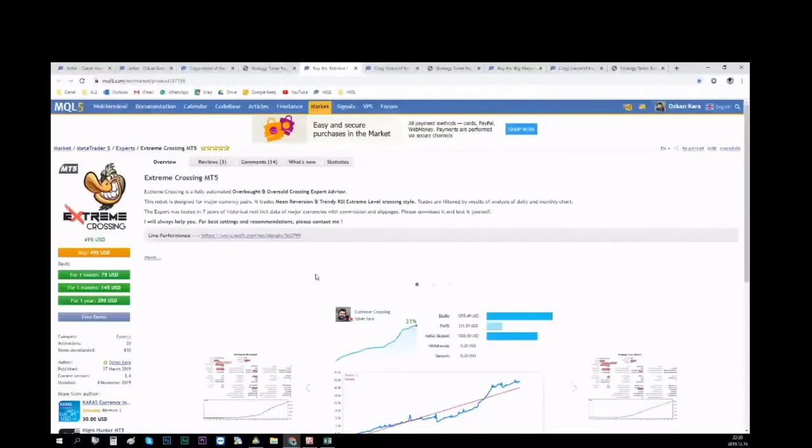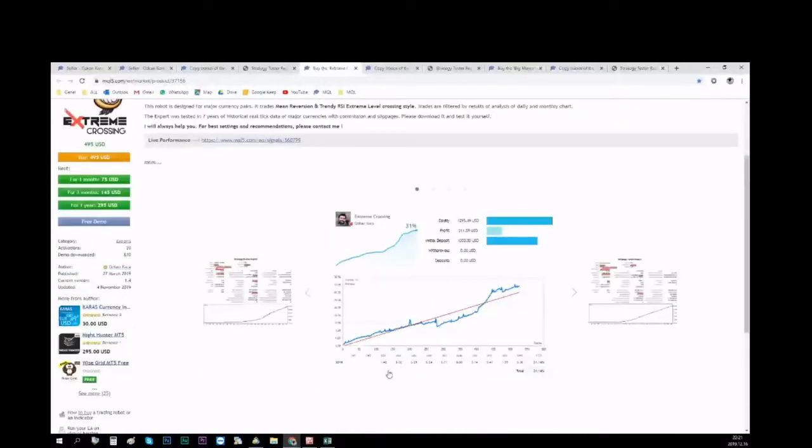Okay, I'm going. Extreme Crossing is, honestly, my favorite one because it has sold so many. So I like this strategy also. I'm using this one for 10 months, from March until now. It gained 31% profits.